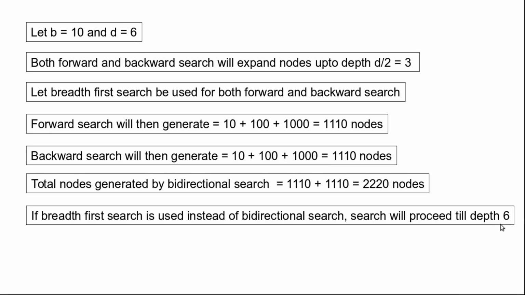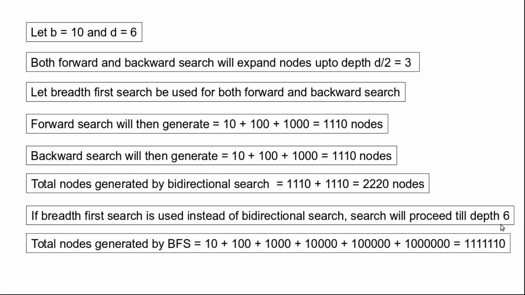So we have to perform BFS up to depth 6. And if we do that, the total number of nodes generated by BFS will be 10 plus 100 plus 1000 plus 10,000 plus 1 lakh plus 10 lakh. If we add all these numbers, we get 111,110 nodes generated by BFS.